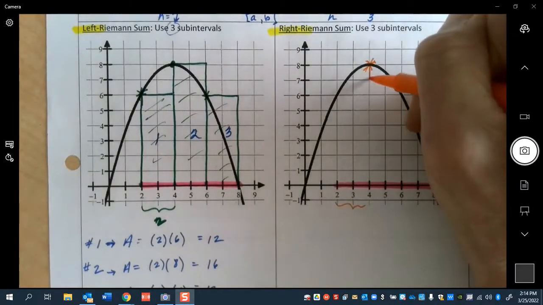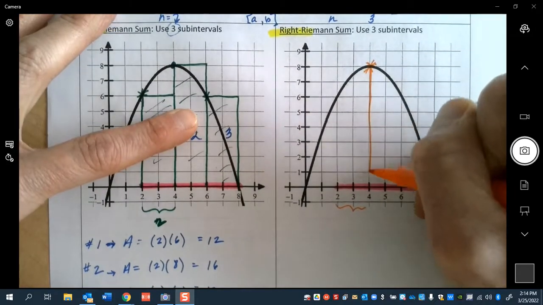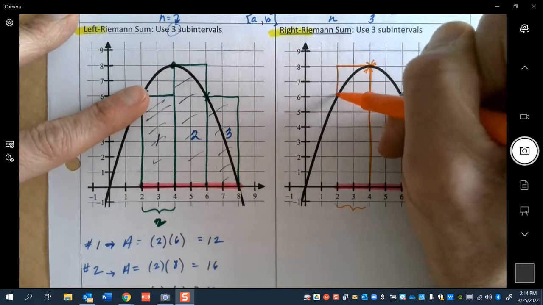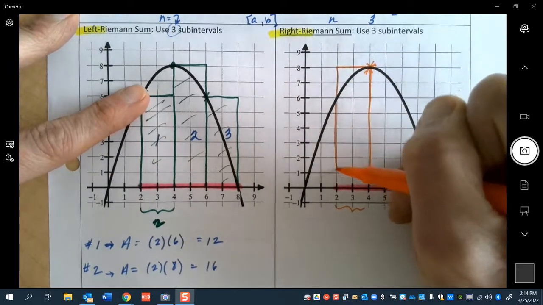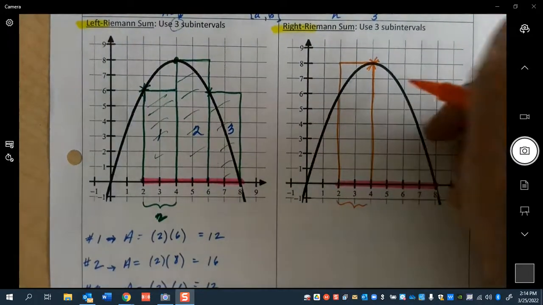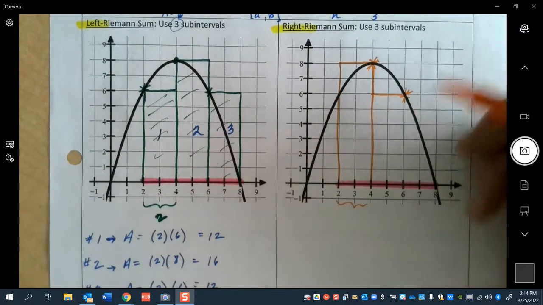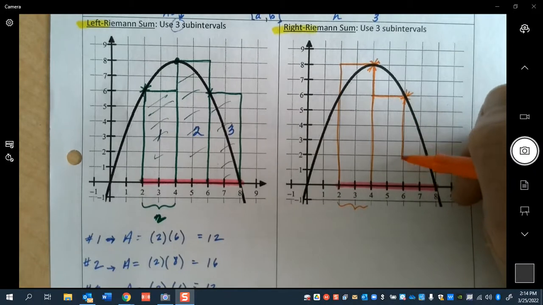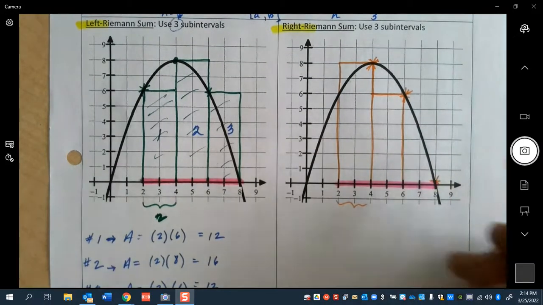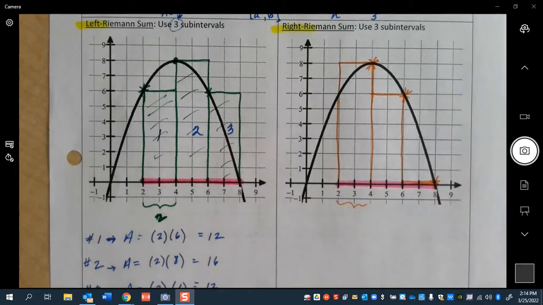So my first rectangle is going to be like this. My second rectangle, and my third rectangle, I don't get to even draw.